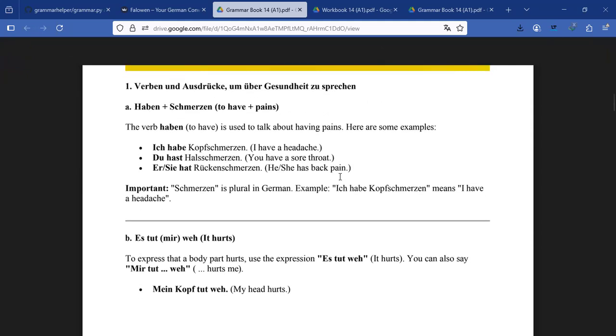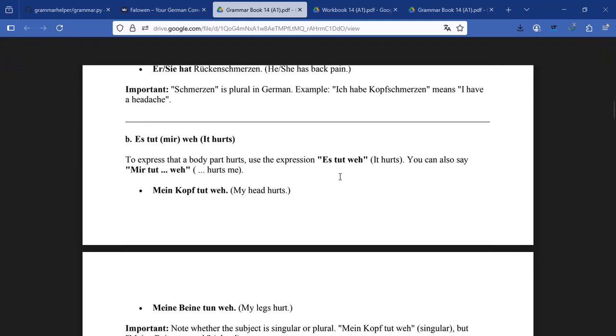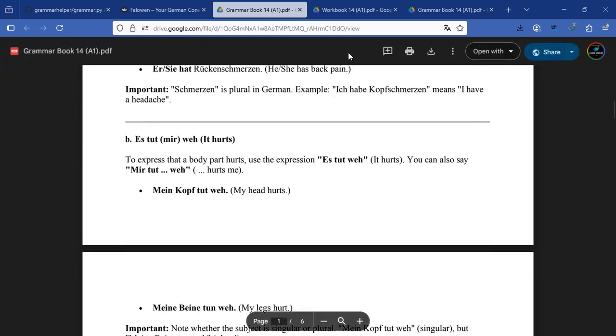And sometimes you want to say that part of your body is aching you. I have a headache, and my head is aching me, right? Trying to say that some place hurts is going to be tut weh, or in other terms, it hurts. That's the verb. So that one too is very simple. We pick the body part, then we just add tut weh to it.